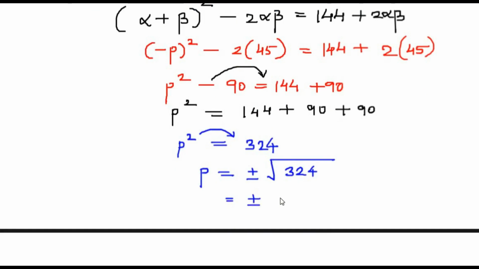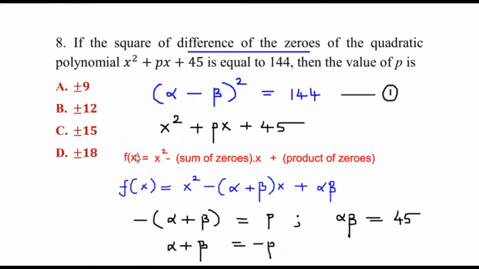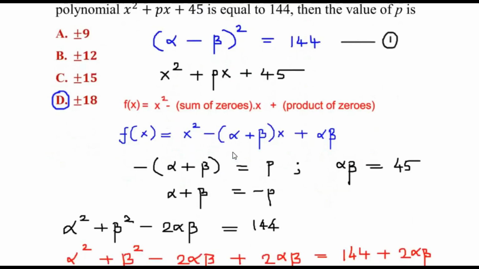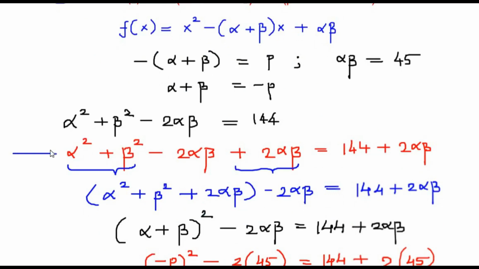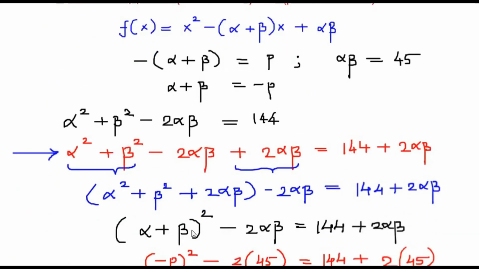So the p value is plus minus 18. So let us see which is the option over here. We have option D as our answer, which is plus minus 18. So remember this small step of adjustment or manipulation, so that you are changing the alpha minus beta into alpha plus beta.